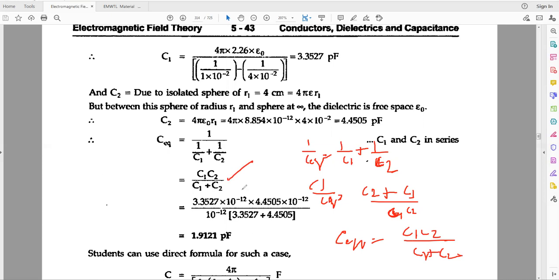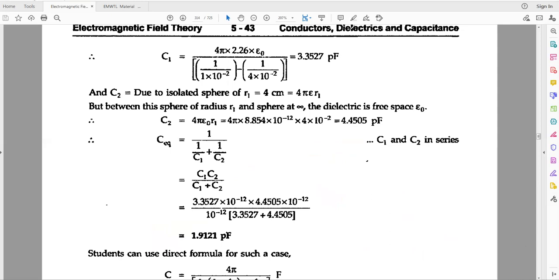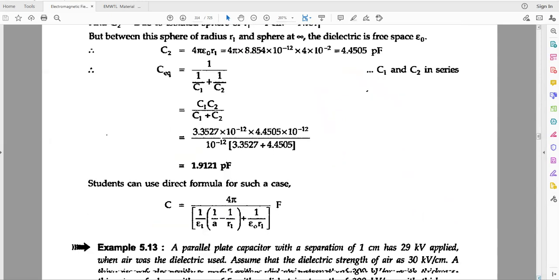Okay, this is the equation we got. Substituting C1 and C2, 3.3527 and 4.45, totally you'll get the C equivalent as 1.9121 picofarads. That is the capacitance we got.